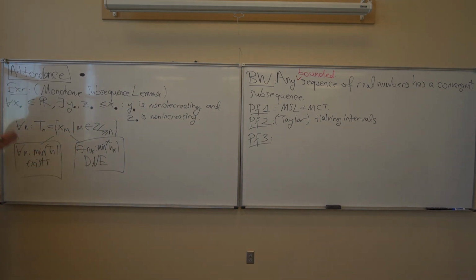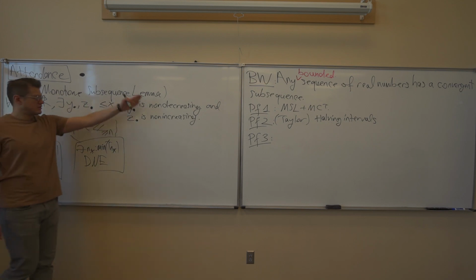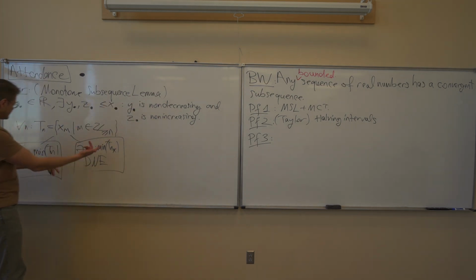And then based on either this assumption or this assumption, you're going to create this subsequence. Instead of looking at mins, if you were to look at maxes, you would get the other one.